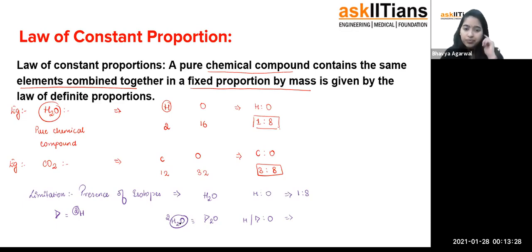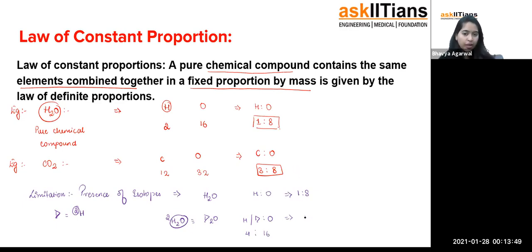Since this time, the mass of one hydrogen atom is 2, right? So there are 2 such hydrogens, so their total mass is 4. What is the mass of oxygen? 16.